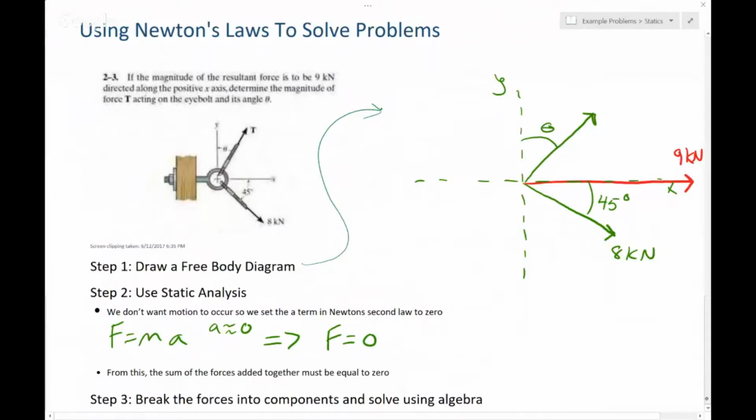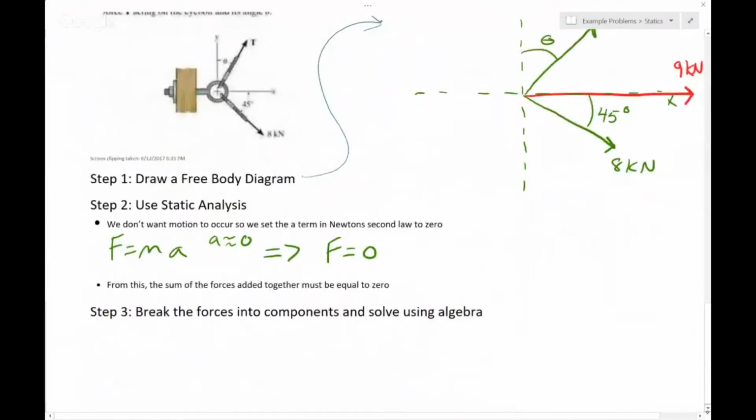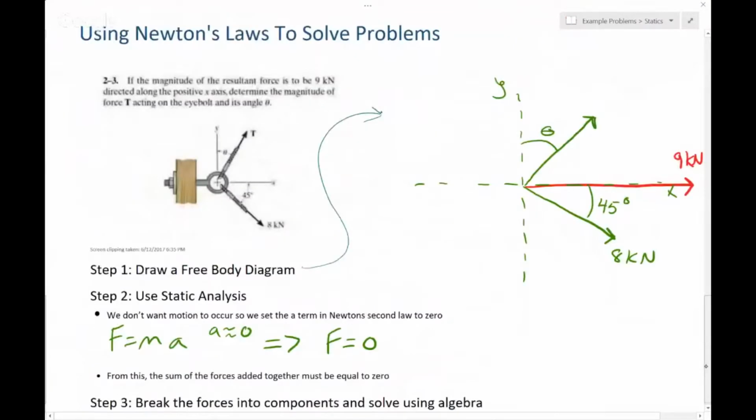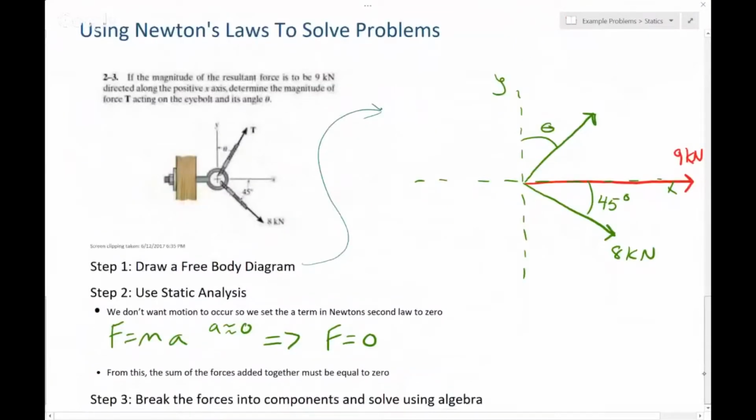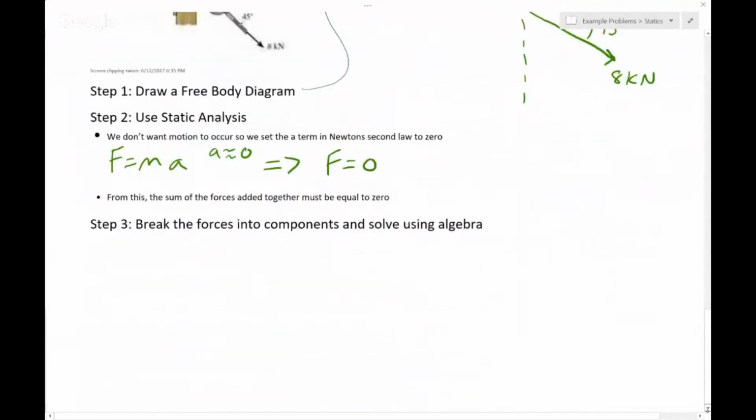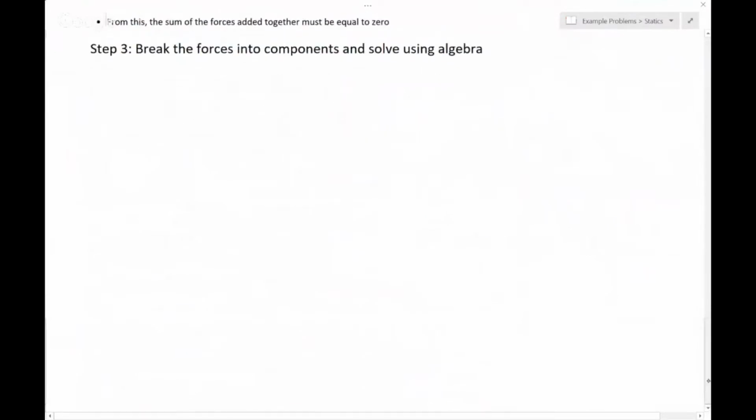So the next step is to then break our forces here into components and then use those to solve the problem for each direction that we're acting in. So first we'll break them into X and Y components.